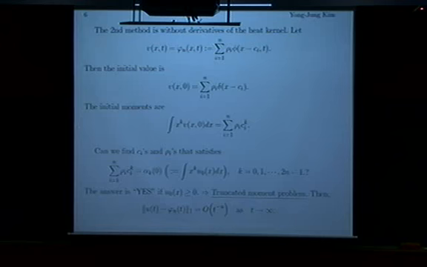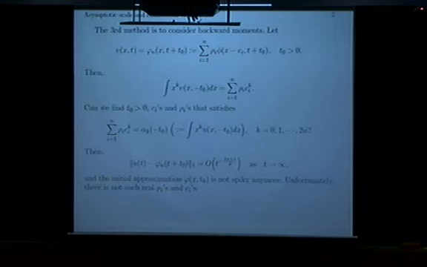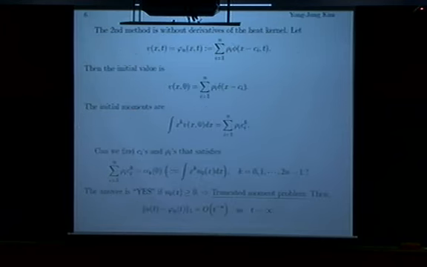Okay. So this one is better than the previous one because we do not do differentiation. But still, when t equals 0, this one is a series of delta functions, and that is still bad. This one has no regularity at all.